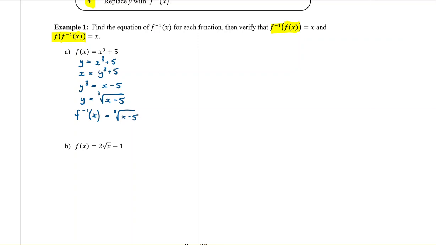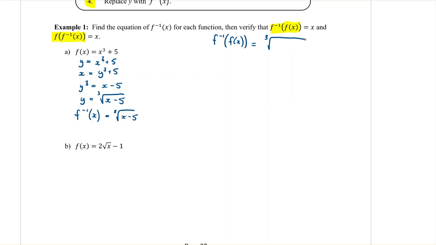So now the second part of the question, where we want to sub them into each other. I'm going to start with subbing the original function into the inverse function. I'm going to go inverse function, subbing in the original function. What do we get? Well, my inverse function is the cubed root one. Cubed root of x minus 5.